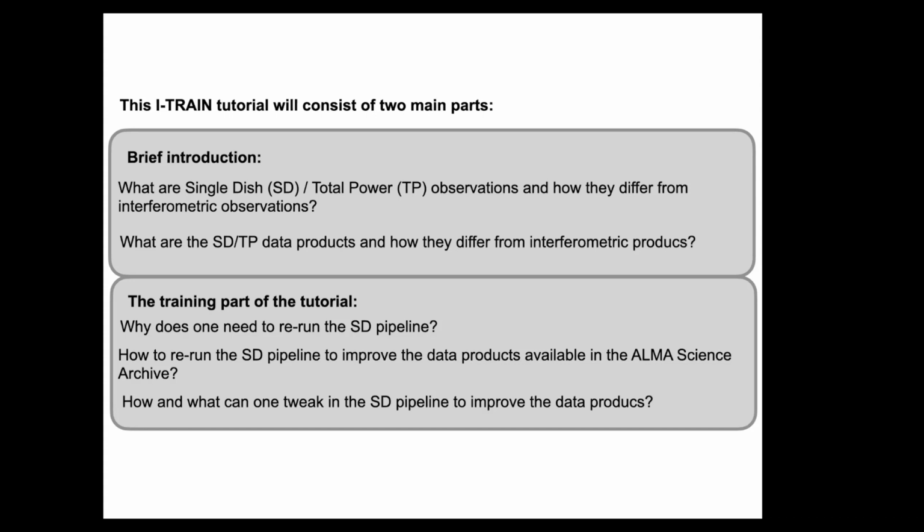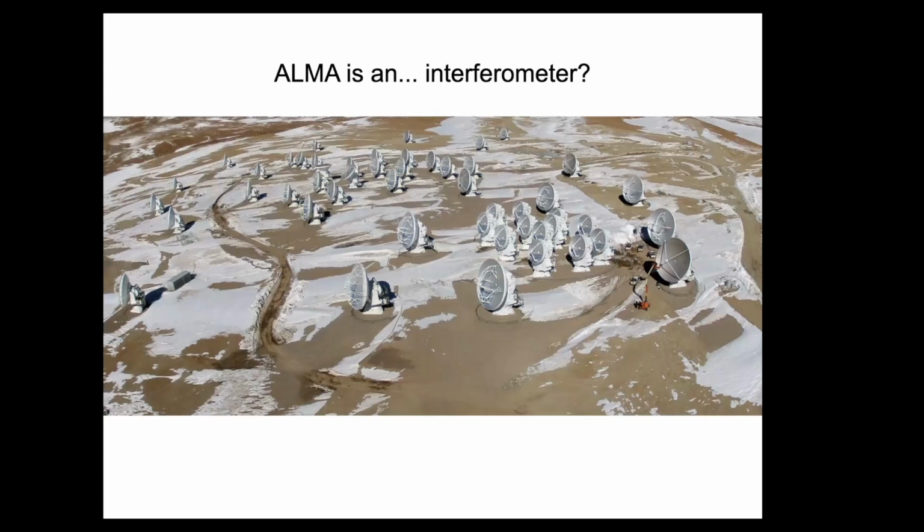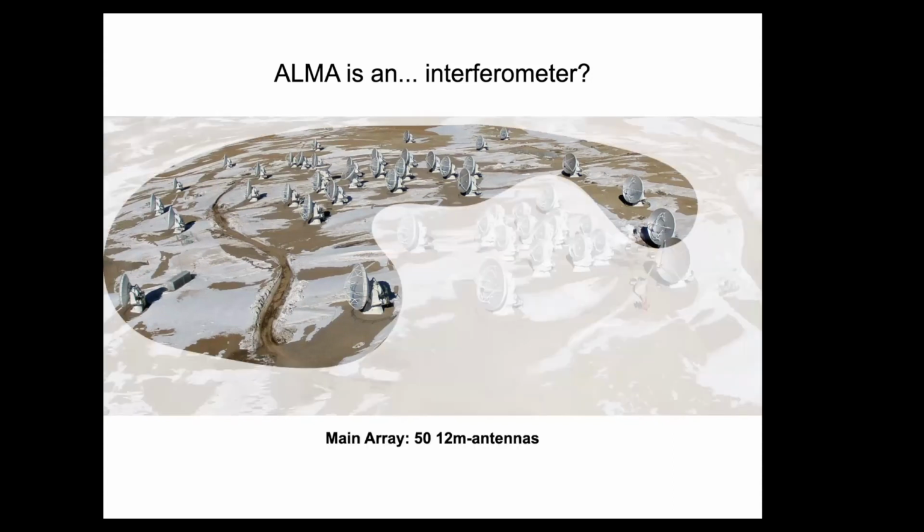I will start with the brief introduction, and this very simple question: ALMA is an interferometer, is it? Of course it is, but it is a little bit more than that. ALMA has the main array, which consists of around 50 antennas of 12 meters in diameter, which can be distributed in different configurations.